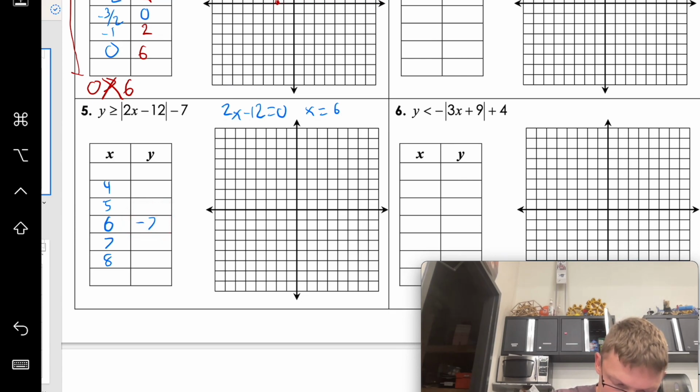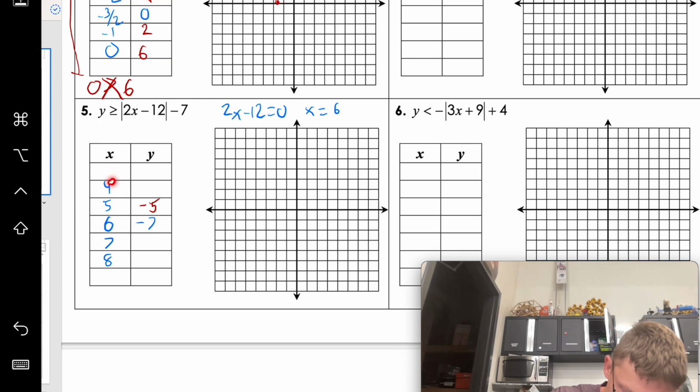So now we're going to take 5 times 2 is 10 minus 12. We've got negative 2, but that's inside of the absolute value, so it turns into positive 2. Positive 2 minus 7 is negative 5. Okay, so let's do 4.